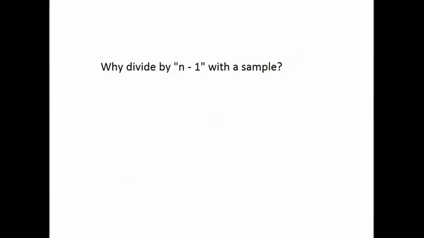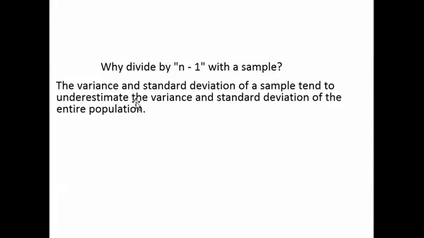So the variance and standard deviation of a sample tend to underestimate the variance and standard deviation of the entire population. And that can be a problem because if that's true, then it means that the variance and standard deviation of your sample is giving you misleading information about the entire population.